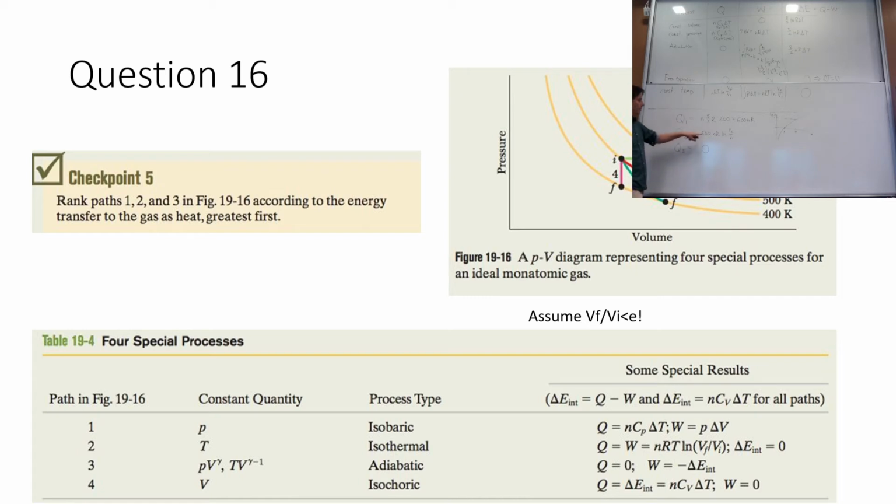But if Vf over Vi is bigger than e, so if it expands more than 2.7 times, then this would be the largest, this would be the second largest, this would be the third largest. I'm not sure if you can actually deduce something more about the Vf. There might be something deeper here, but I couldn't quite think of it.